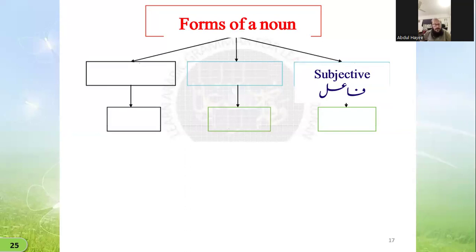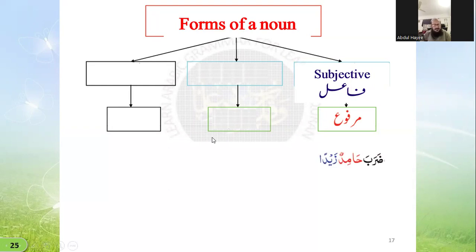Forms of a noun. Actually, when we say raf, nas, jar, it has some meaning. Why are we after that, to find out is it a dhamma, is it a fatah, is it a kasra? They have meaning. What is that? If the word is having dhamma, meaning the rough state, then it is subjective, fa'il. And the state is called marfu.